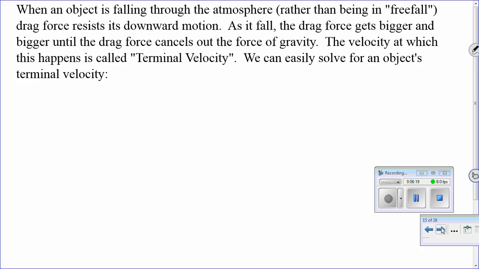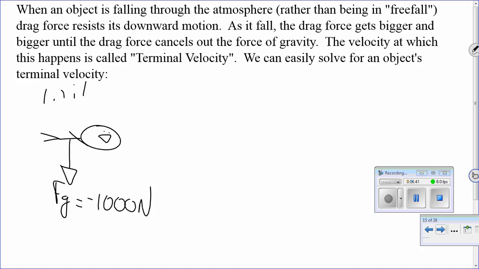So the idea is this, that when an object is falling through the atmosphere, so suppose we've got a skydiver, so here's Roy. So there's Roy, he's falling. When he first steps off the ledge of the helicopter or whatever, gravity is going to be pulling him down, right? With a force of, let's say, negative 1,000 newtons or whatever it is.